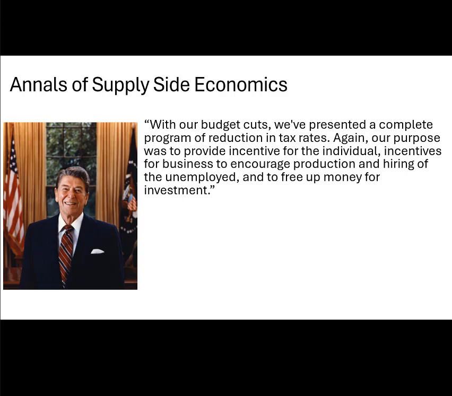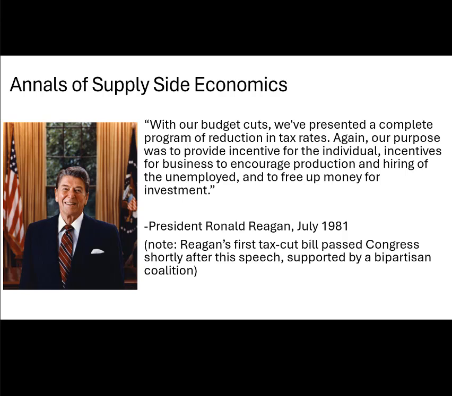Another famous supply sider, you probably recognize him, Ronald Reagan, president from 81 to 89. And one of the first things he did when he went into office was to promote a pretty big tax cutting plan. The first sequence of those tax cuts was enacted right after he made this speech. This speech was made on national TV to promote the tax cut plan. It did sail through Congress.